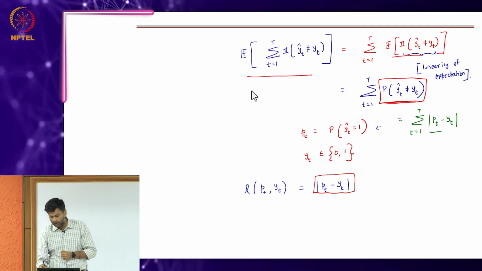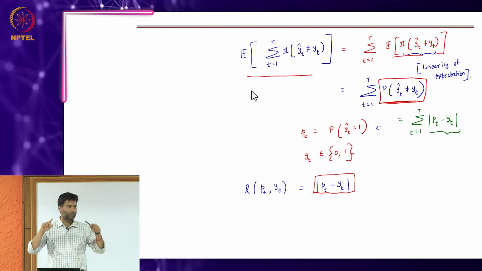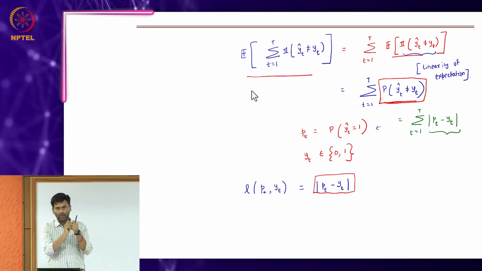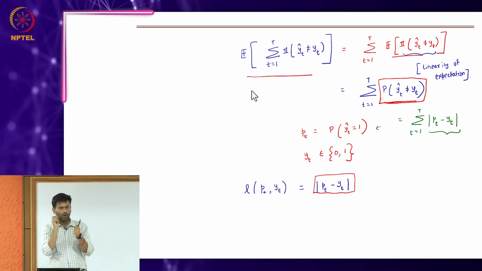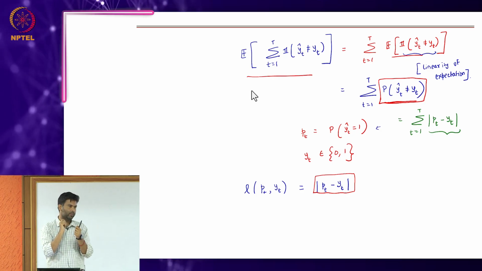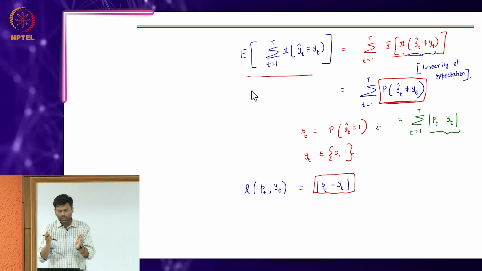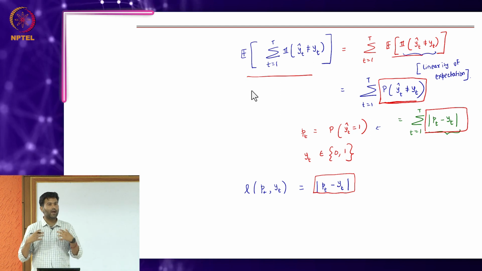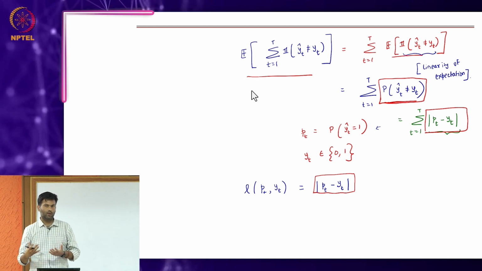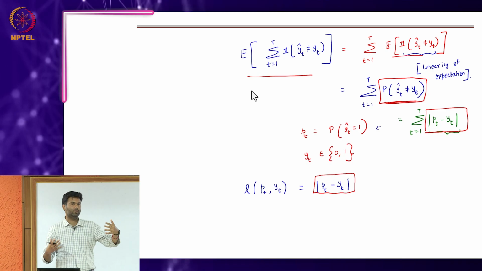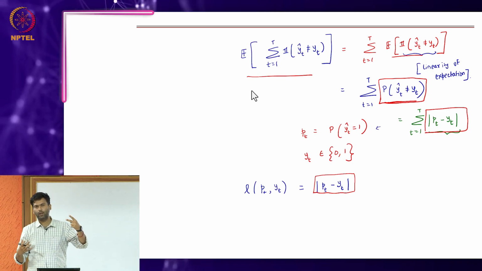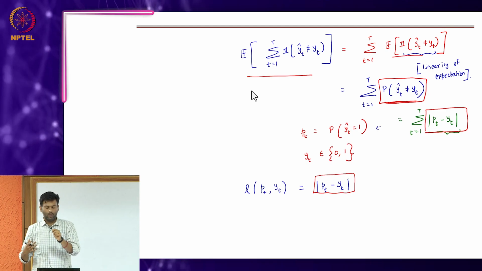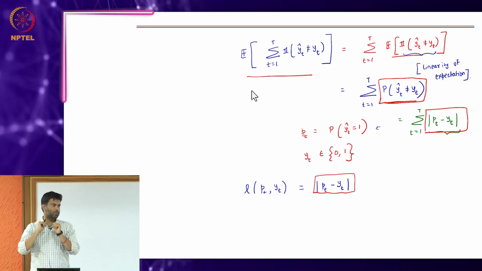And that probability, we just saw, is the absolute value of pt minus yt, where pt is the probability the algorithm is maintaining in the tth round with which it will decide to invest. Earlier, in the deterministic world, I had only two choices in every round, either I invest or do not invest, and then I was measured on whether I made a mistake or not.